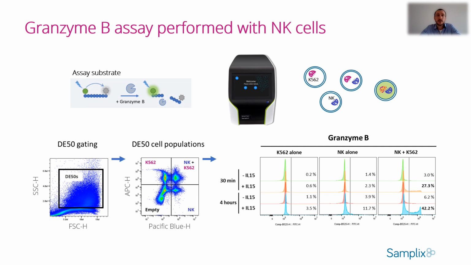So again, here we can gate on the double-emulsion droplets. We can look at the different populations of droplets here. And the one that's really interesting is, again, this co-encapsulating population.